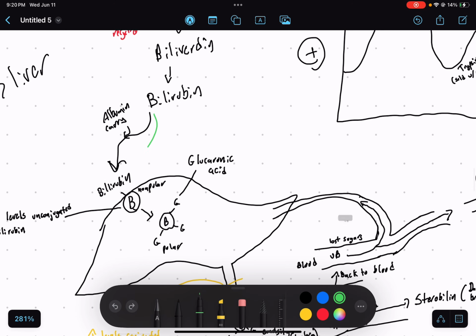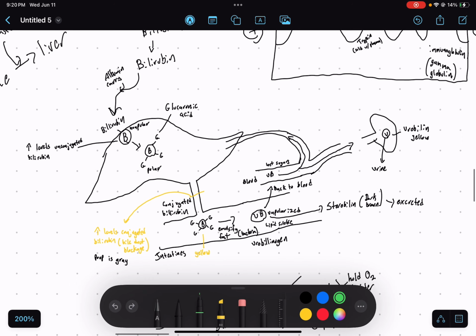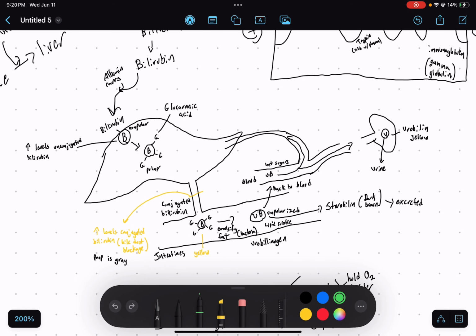And then the bilirubin is going to make its way by being carried by albumin all the way to the liver. And then the liver is going to take this nonpolar bilirubin, and it is going to attach glucuronic acid, which is going to make conjugated bilirubin.